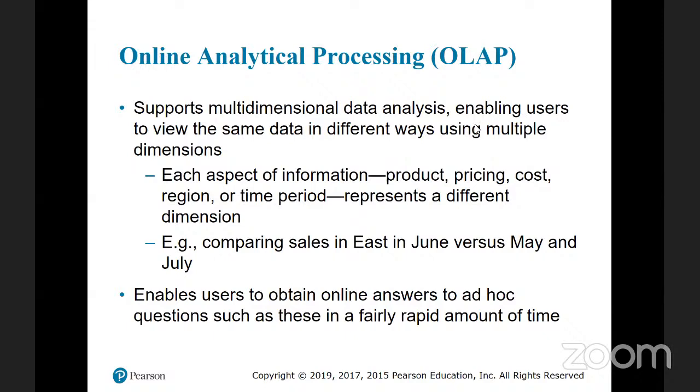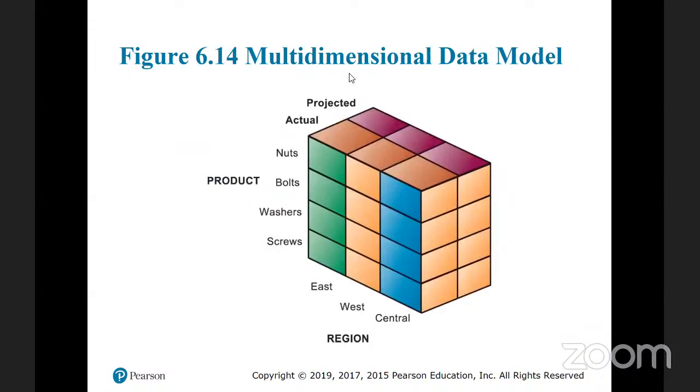By doing this, we can enable users to get answers to any ad hoc question they have really fast if you have online analytical processing. So as an example here, if you categorize the company, if it had east, west, and central sales, and they were selling nuts, bolts, washers, and screws, then we can actually have data for all of this.